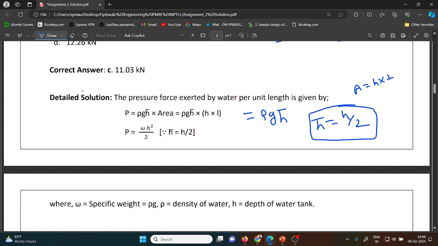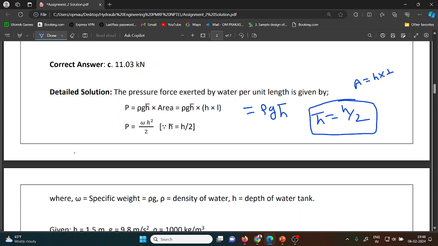So similarly here, omega is indicating the rho g only. If you put rho g h into h by 2, you will get rho g h square by 2.